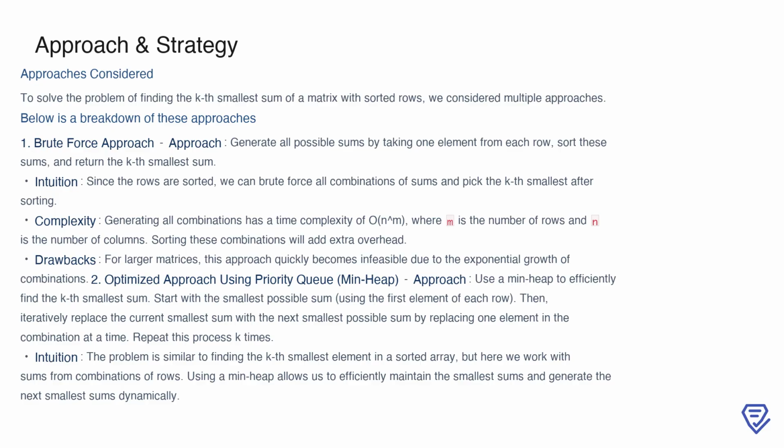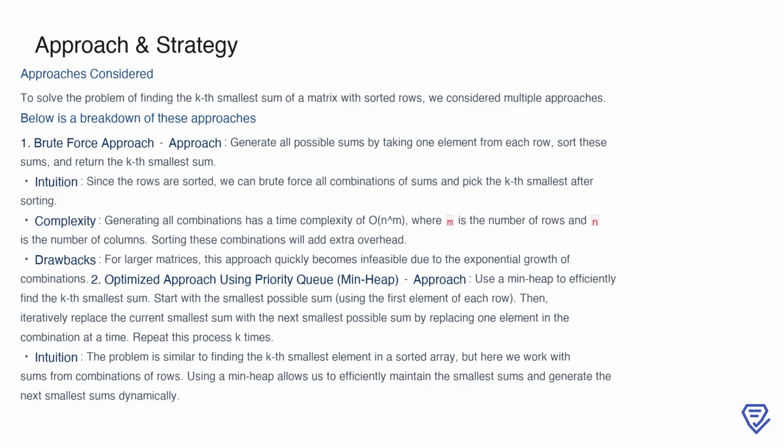To overcome this, we considered an optimized approach using a priority queue, or min-heap. In this method, we begin with the smallest possible sum, which is formed by taking the first element from each row. We then iteratively replace the smallest sum in the heap with the next smallest sum by modifying one element at a time. This process is repeated k times, allowing us to efficiently track and retrieve the kth smallest sum.